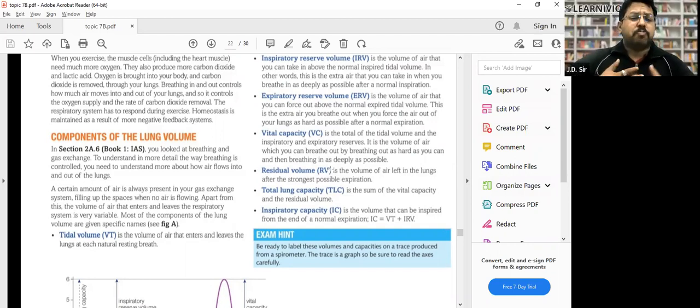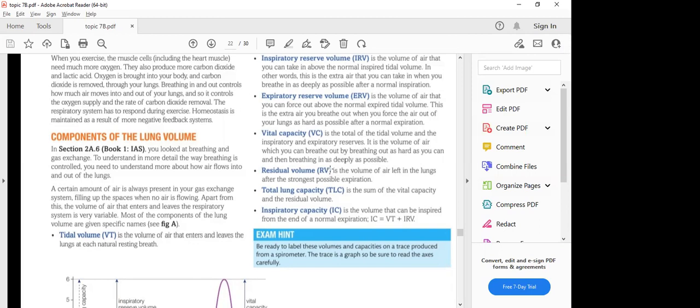Then you push more pressure on the lungs to expire out. Again, you push, and you can expire 1000 to 1100 ml more. But still, there is some volume left behind which cannot be taken out. That is called residual volume. That always remains in the lungs.